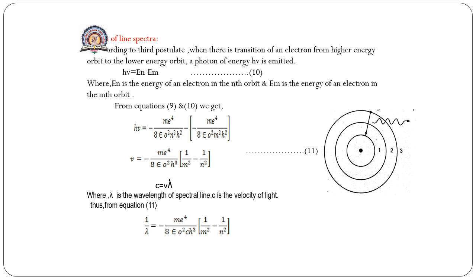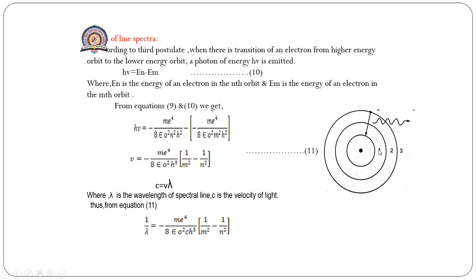Now, origin of line spectra. In the third postulate, I already explained here, when there is a transition of an electron from a higher energy orbit to a lower energy orbit, a photon of energy h nu is emitted. Take orbit number 1, 2, 3.